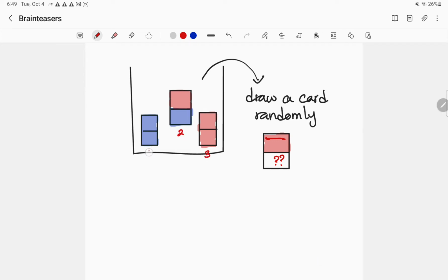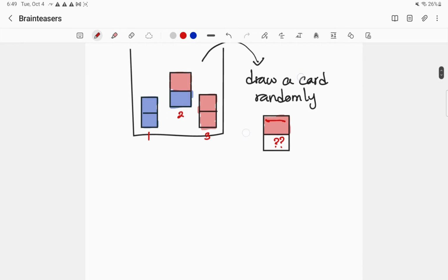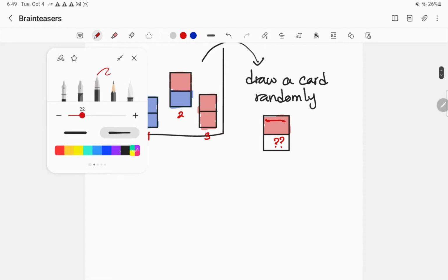And the third card, both sides are red. If we draw a card randomly from this bucket and we observe that one side is red, what is the probability that the other side is also red? Okay, so these are the details that we have.